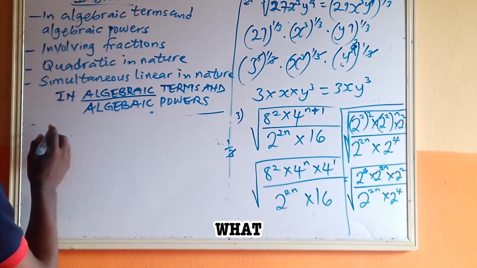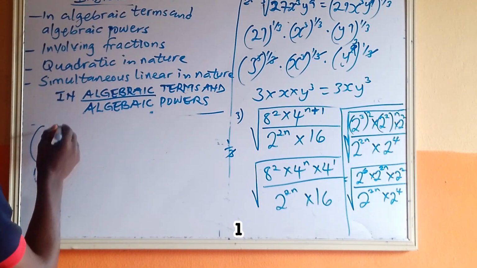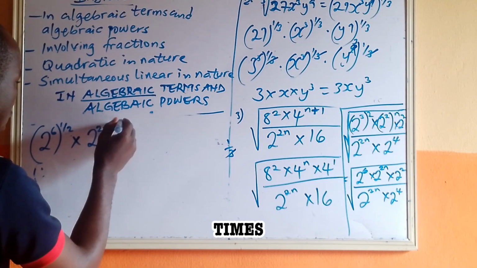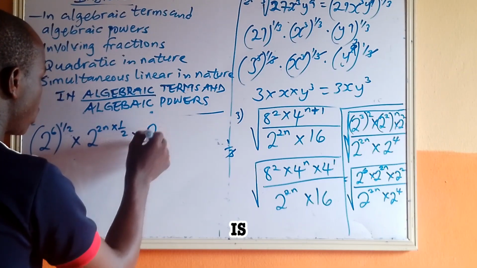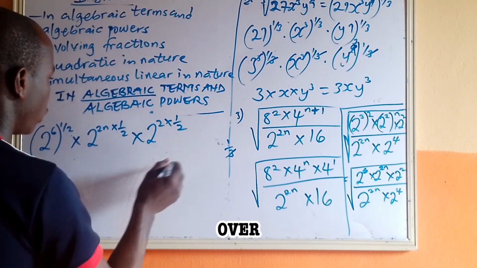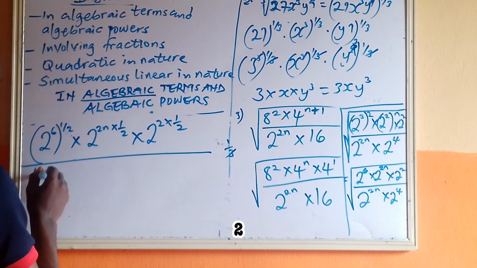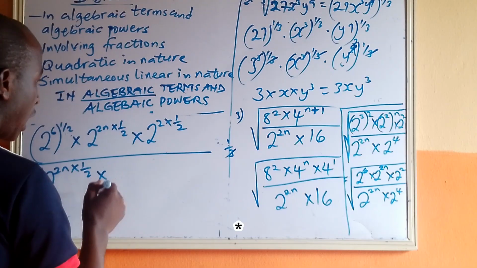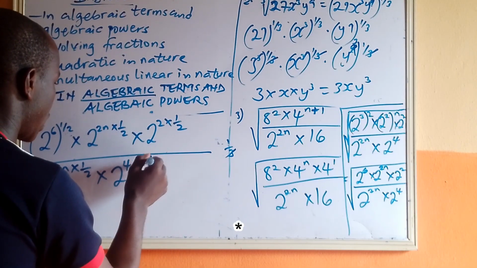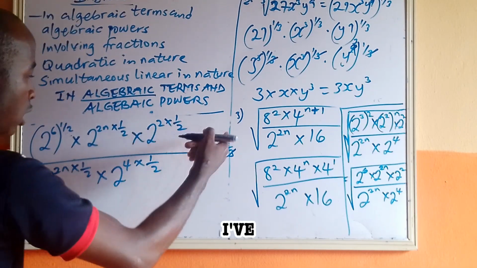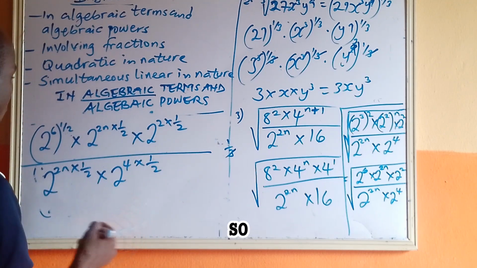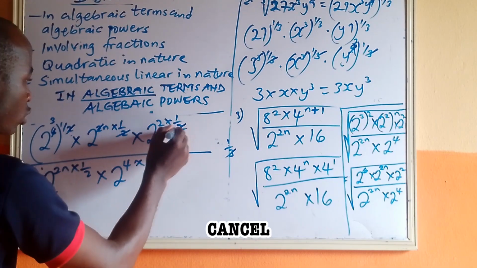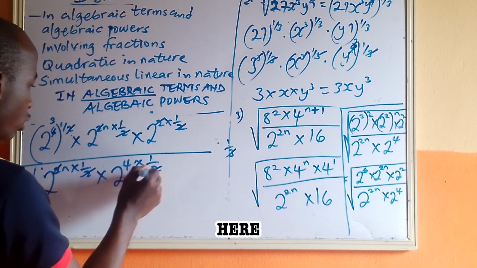So I can have 2 raised to power 6 into 1 over 2 multiplied by 2 raised to power 2n times 1 over 2 times 2 raised to power 2 times 1 over 2 all over 2 raised to power 2n times 1 over 2 times 2 raised to power 4 times 1 over 2. So all the square roots, I've already splitted them on their power. So therefore 2 here, 1, 2 here, 3, 2 here, 2 will cancel 2, 2 will cancel 2 here, 2 will cancel 2 here, 2 here, 1, 2 here, 2.